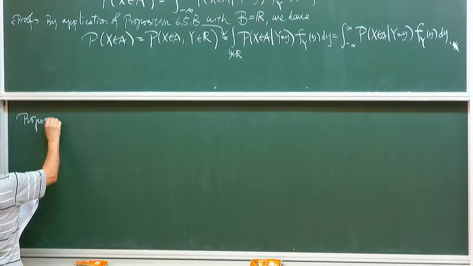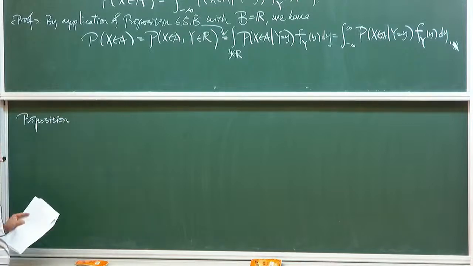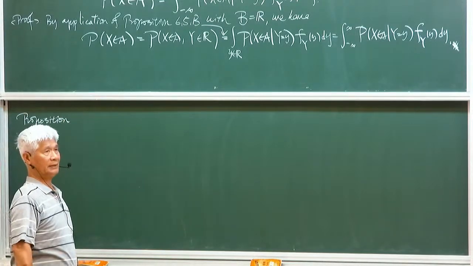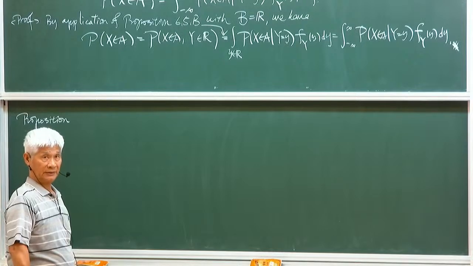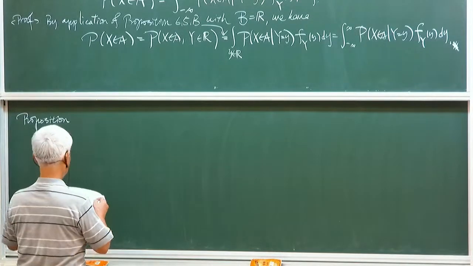Now we provide a condition of independence between two jointly absolutely continuous random variables.